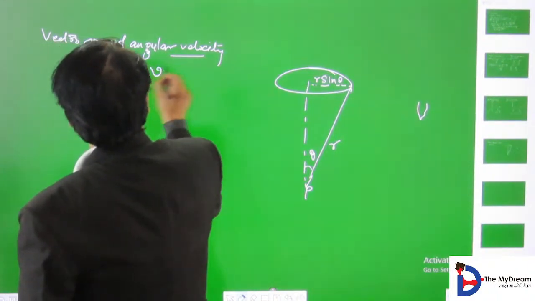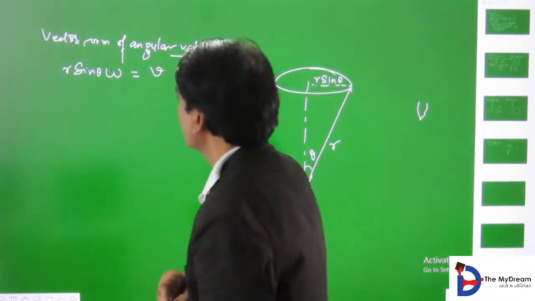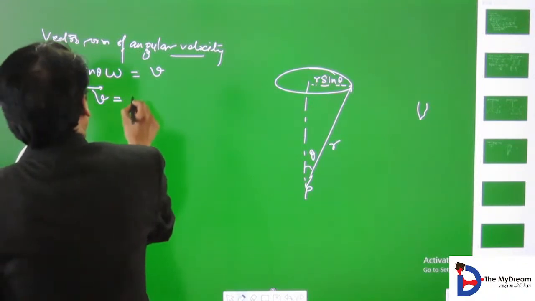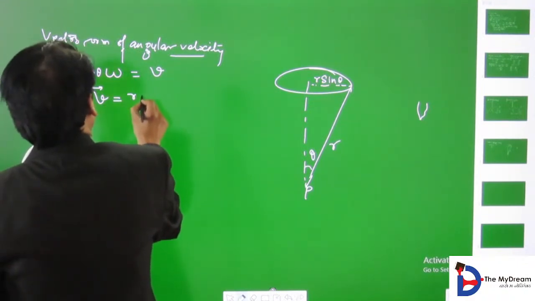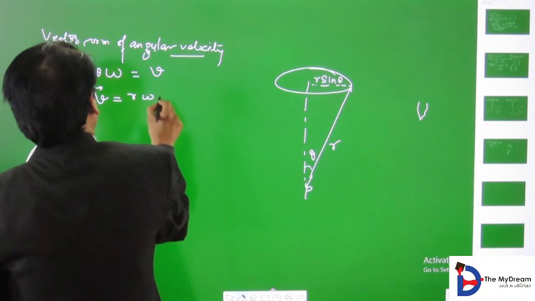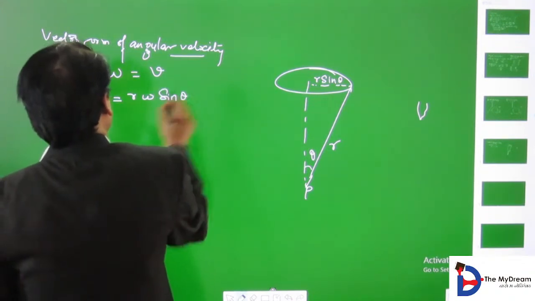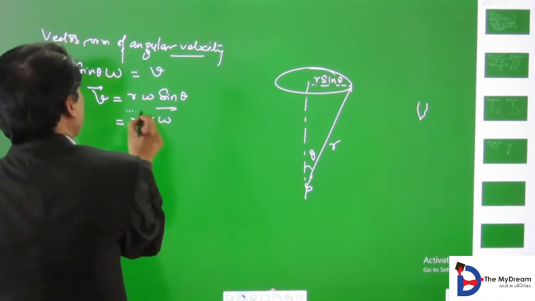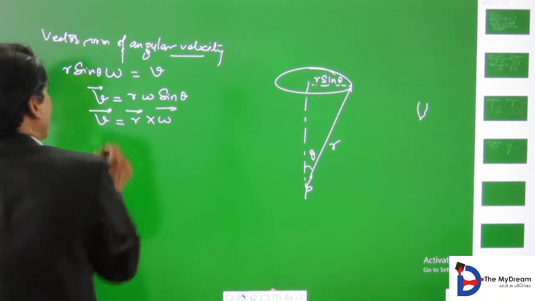So v is equals to this, so v is equals to r omega sin theta, which can be written down, this is a vector.